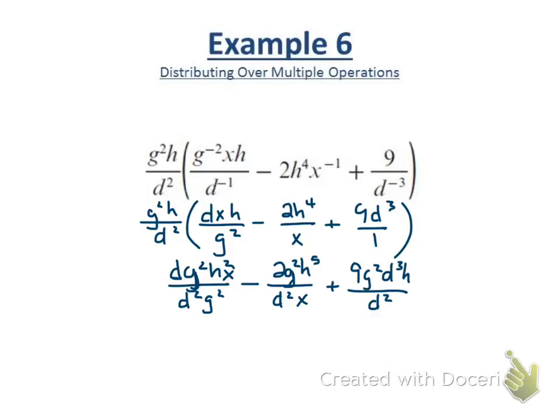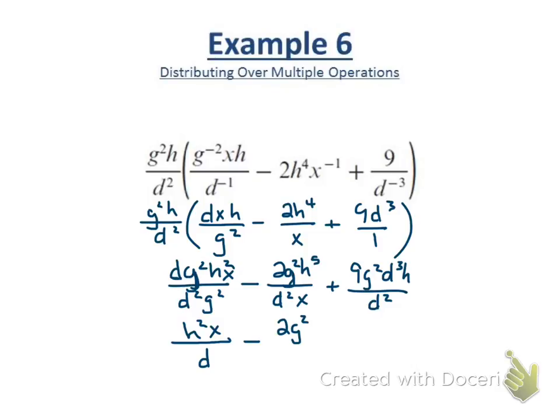So what can cancel in the first term? The g squareds are just gone, and one of the d's. And so we're left with h squared x over d. And the next term, can anything cancel?